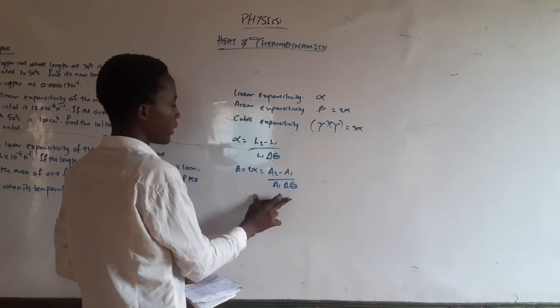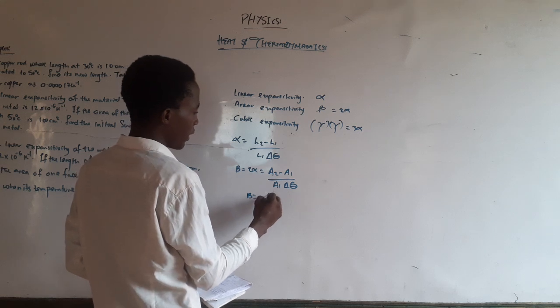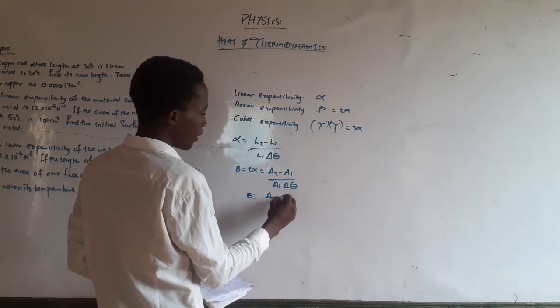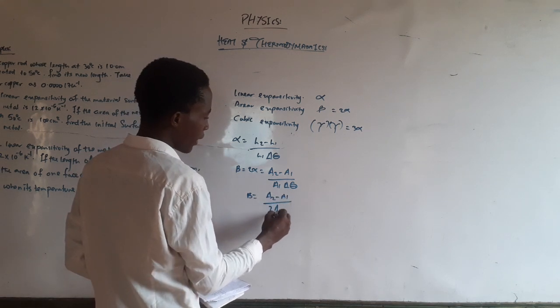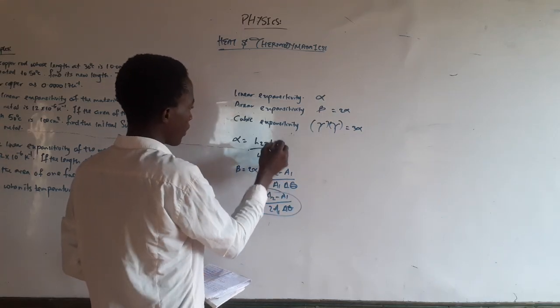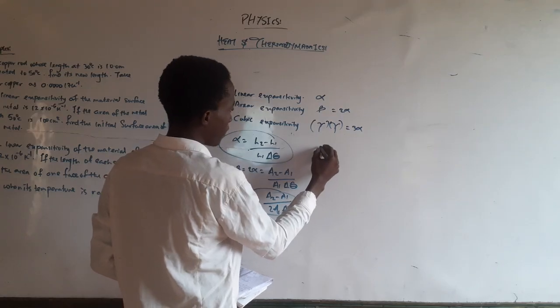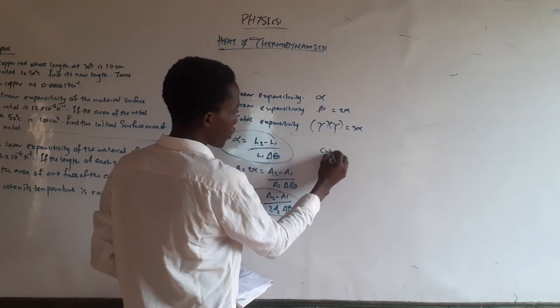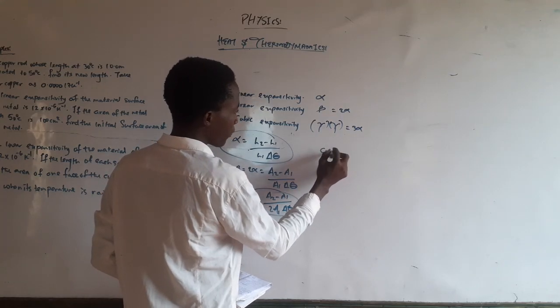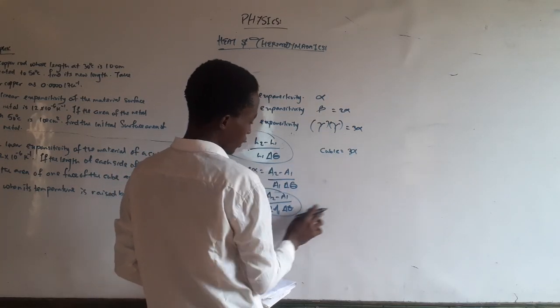Generally you can just divide by 2, so you have beta equal to A2 minus A1 over 2A1 change in temperature. And for gamma or cubic expansivity, cubic is given as 3 alpha, so you just divide by 3.